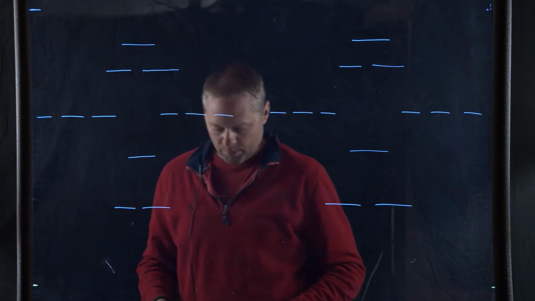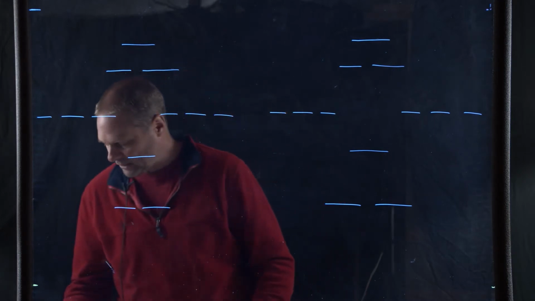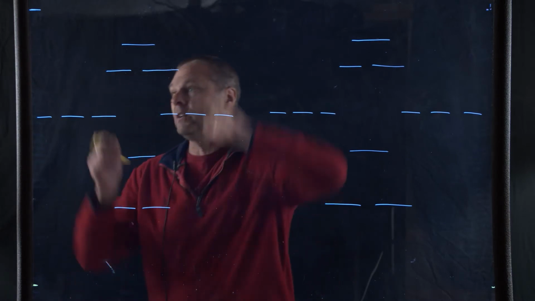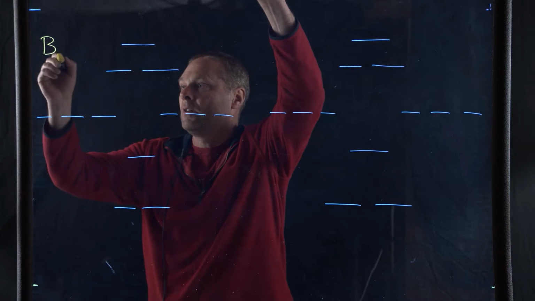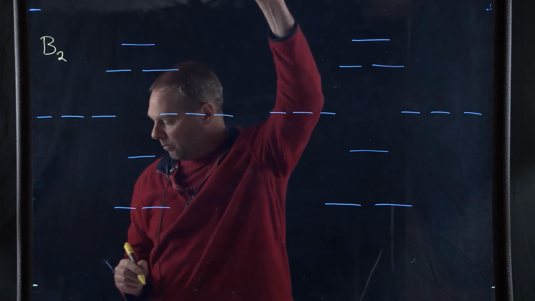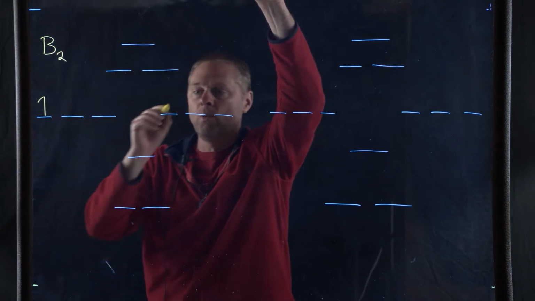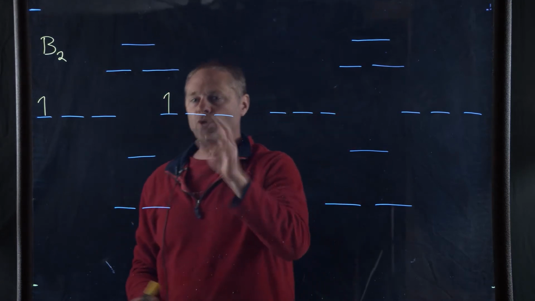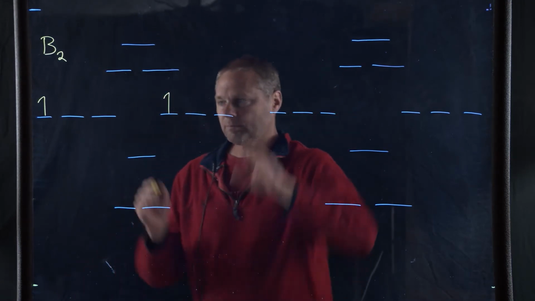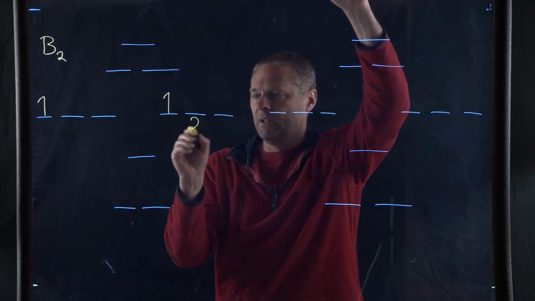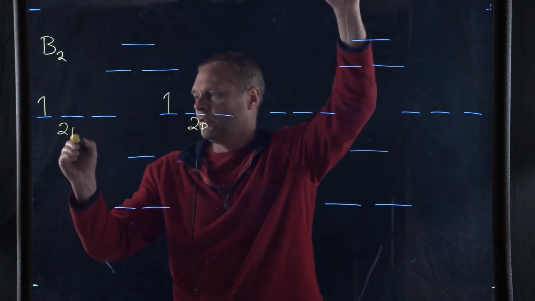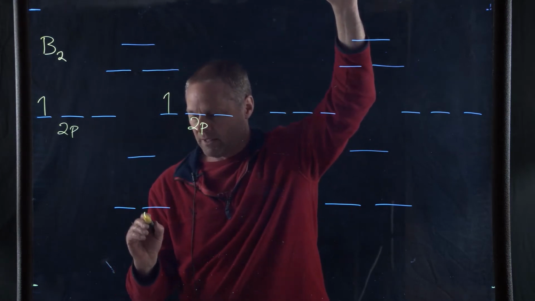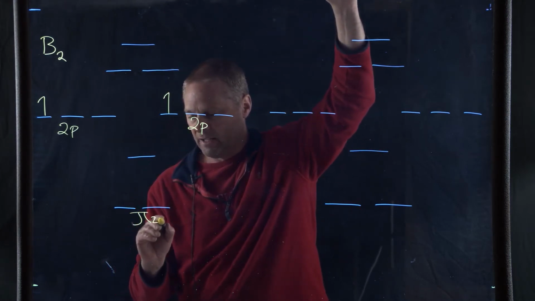So let's see how we label these. Let's start with the next element, which is going to be boron. So this is going to be boron 2. Now boron is going to have one 2p electron. So this is going to be 2p, 2p. Now down here, how you label this is going to be the pi 2p.